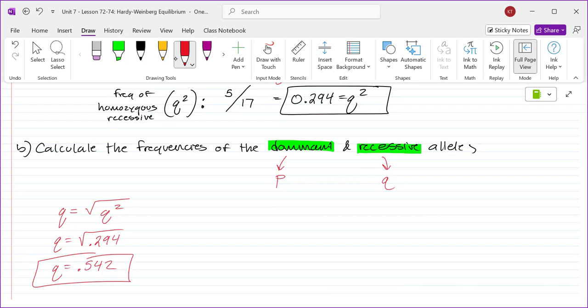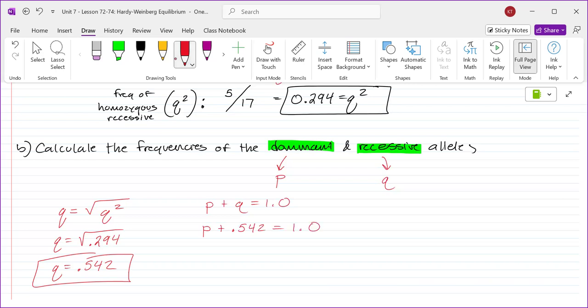Okay, so now that we found q, we're going to go after p next. Now, in the Hardy-Weinberg equilibrium equations, one of them, p plus q equals 1.0. Guess what? You have q now. So use that old algebra that you learned in middle school. p plus 0.542 equals 1.0.